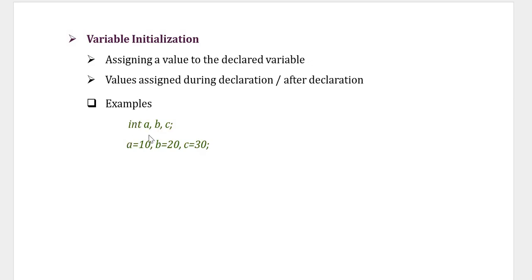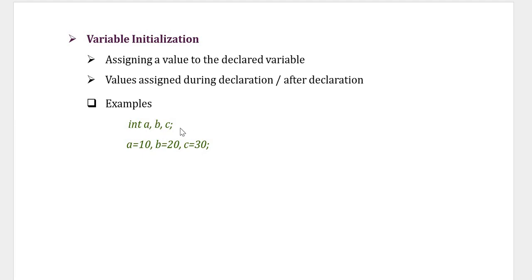Int stands for integer. Then you have three variables a, b, c, which are comma separated. These are three variables of data type integer, which means they can hold only integer type values.